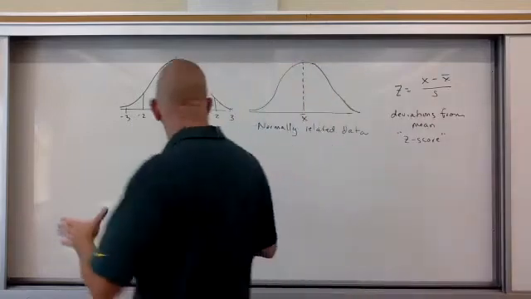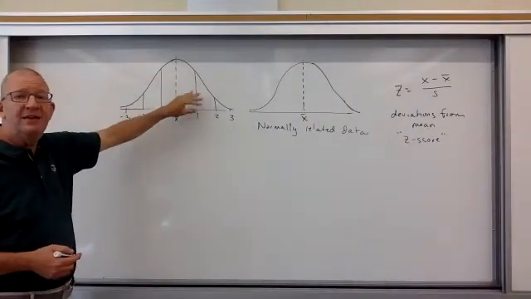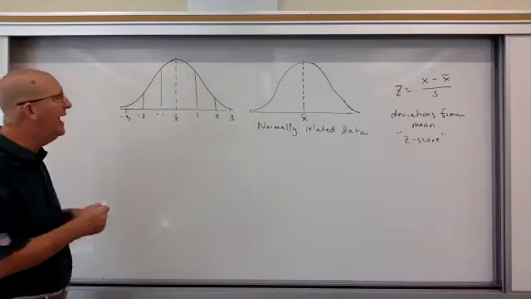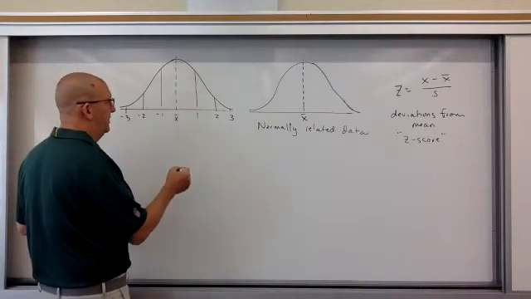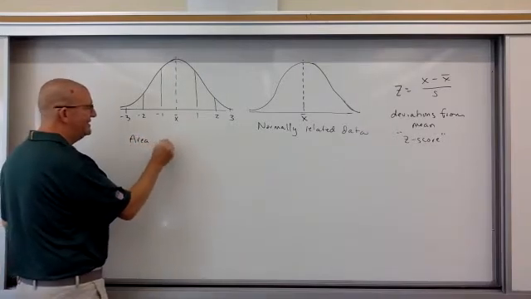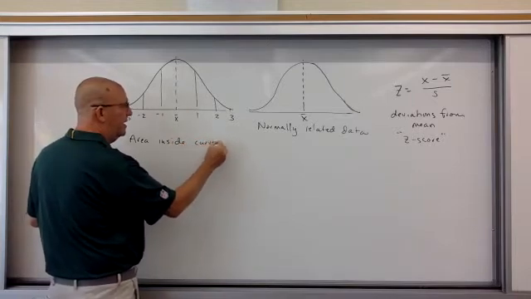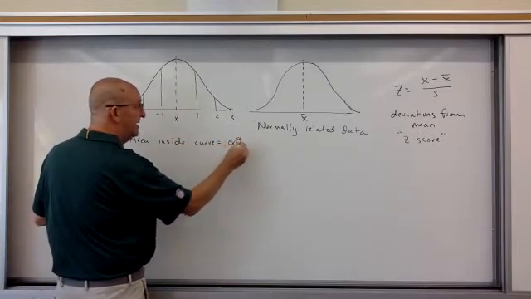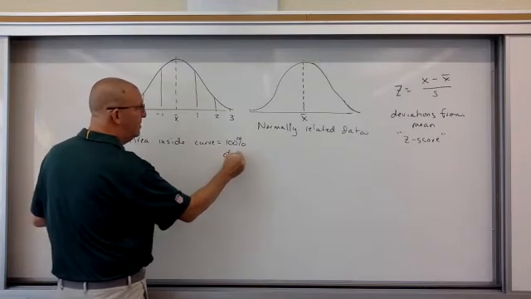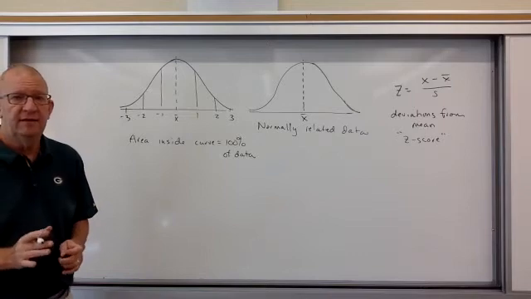We call this curve the normal distribution curve, 100% of the data is inside here. So the area inside of the curve equals 100% of the data. And this is kind of an important point, and I'm going to kind of belabor this just a second.